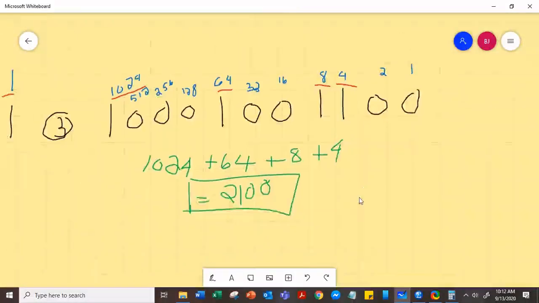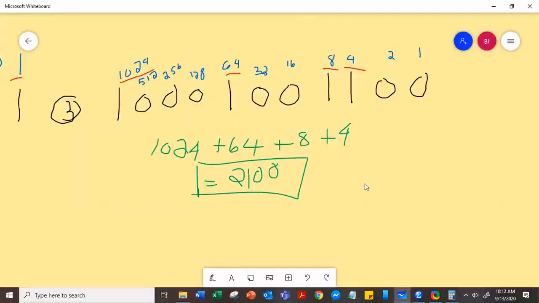Okay. So there are actually other methods to do this, but this is by far the simplest one and easiest to follow. Okay. So next time around, we'll use these numbers to actually convert binary to octal and then hexadecimal numbers.